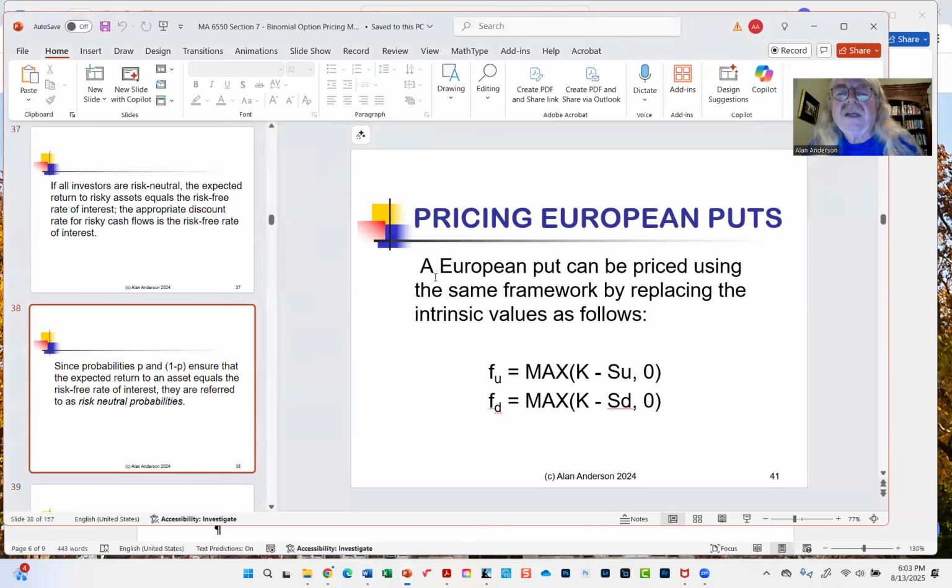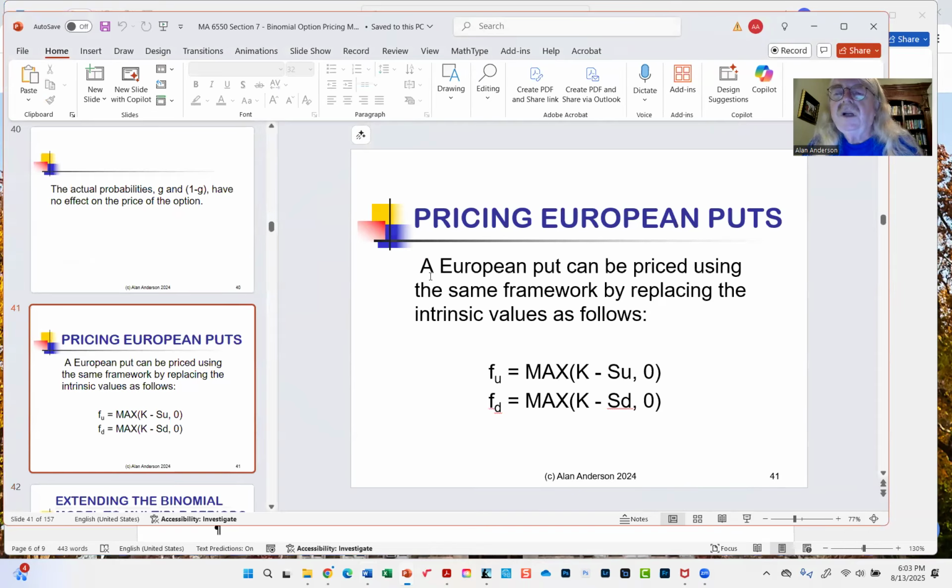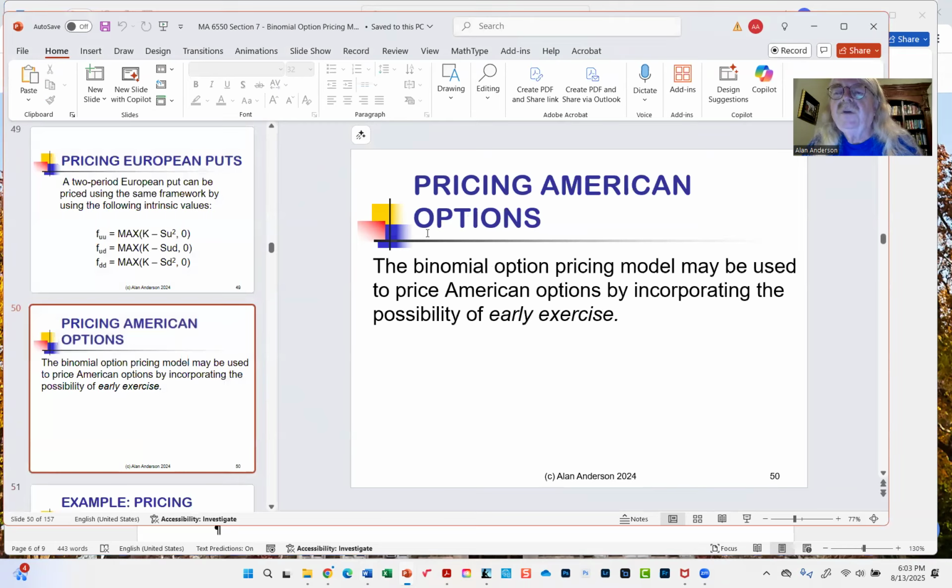Now, here's what we need to do. We're going to jump ahead to this last topic. We don't really have time to investigate the trinomial option pricing model. It's basically an extension of the binomial option pricing model where we have a third branch in the tree. For some types of applications, that gives us more power and flexibility, but it's a lot more complicated.